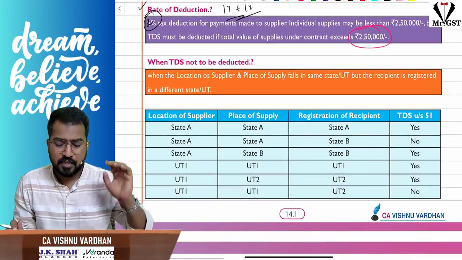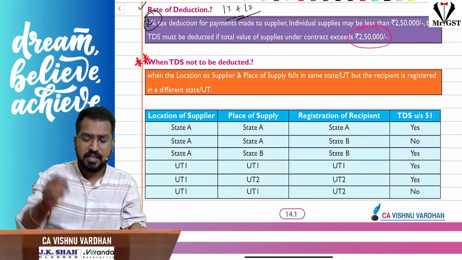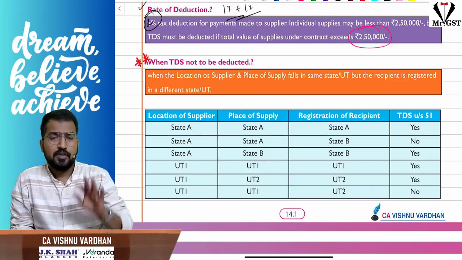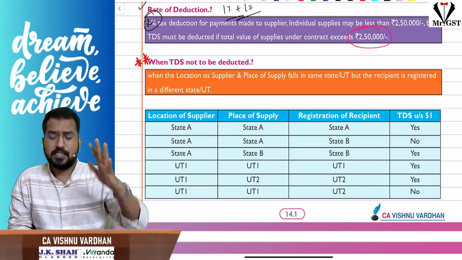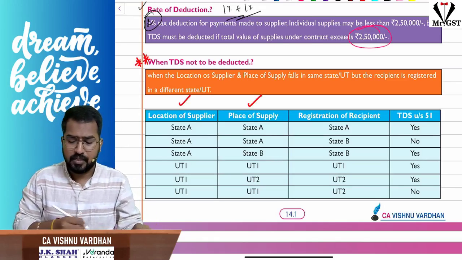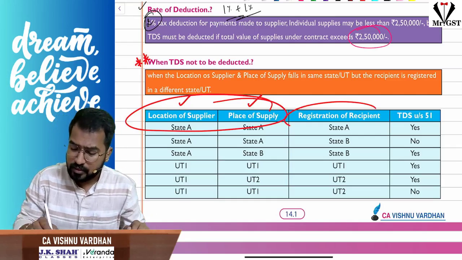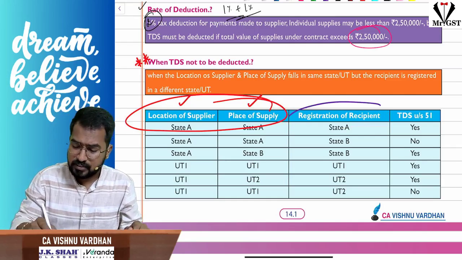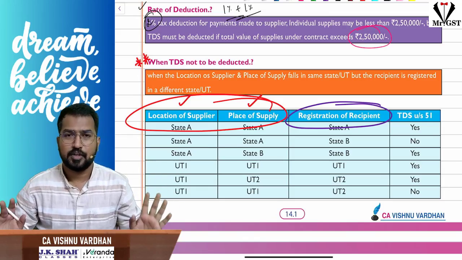Next, when TDS need not be deducted, this is very important point. See, understand, remember there are 3 people here. One is location of the supplier, place of supply, where recipient is registered. Sir, location of supplier, place of supply is in one particular state, and recipient is registered in a different state. Then TDS provisions will not come into picture.